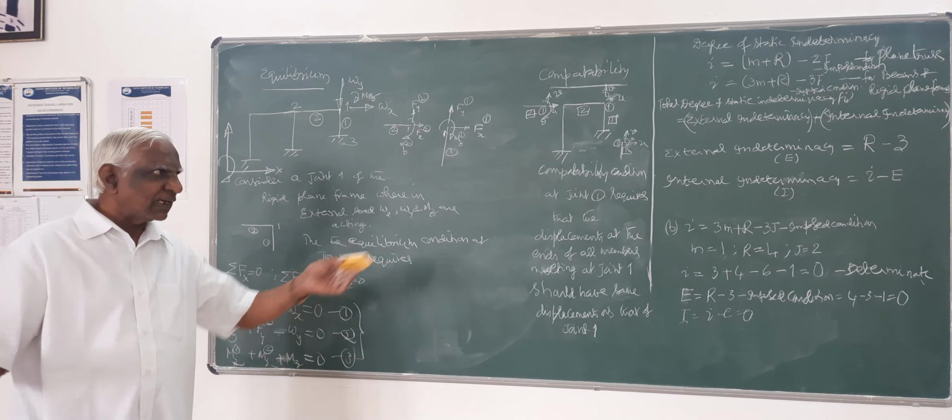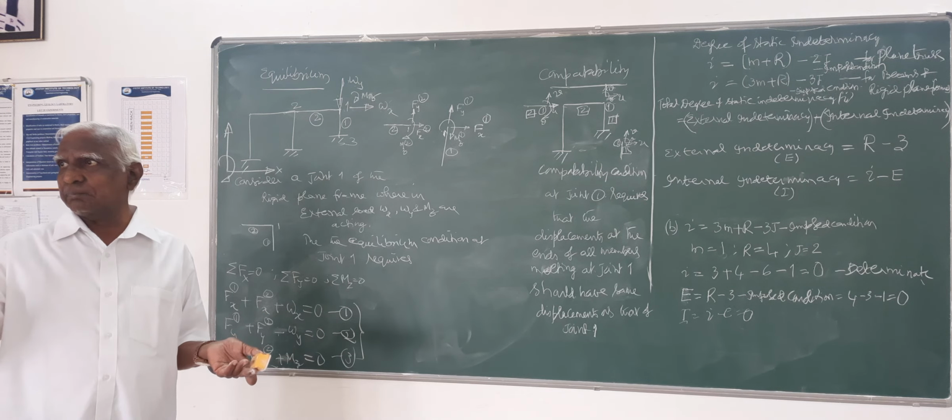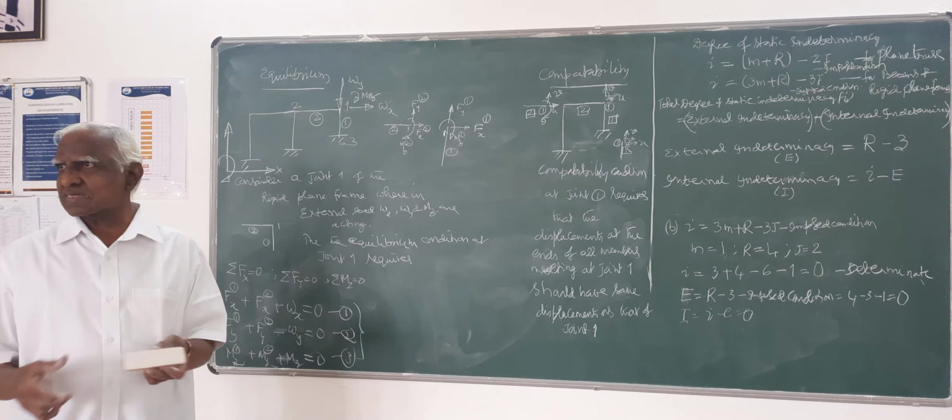And if a number of loads are there, as I told you, temperature load, settlement, gravity load, how to consider the effect by using the principle of superposition, that I will explain. With that, unit 1 may be completed, except for the solution of simultaneous equations.